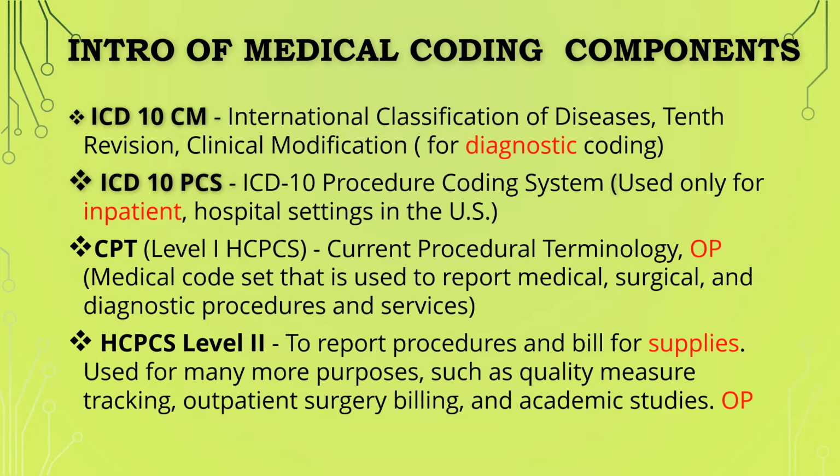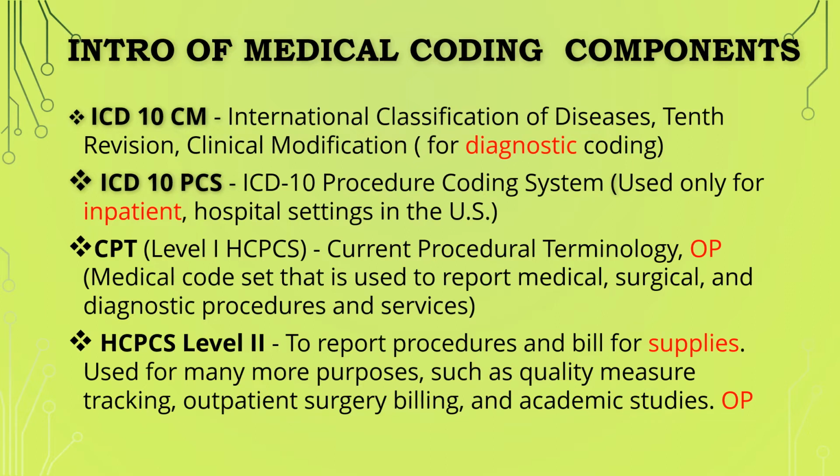It's a kind of level 1 coding. And then finally HCPCS level 2. Same in outpatient procedures, like supplies and other quality measures if they are using. For those services we can get the code from HCPCS level 2.